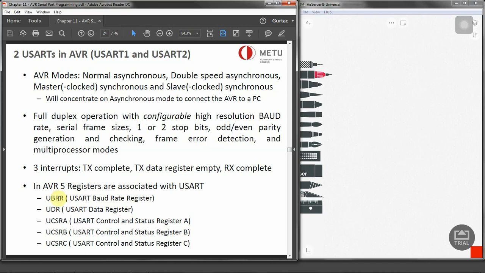And the next one is the USART data register. If you want to receive or transmit data, this has to be written into the UDR, or it has to be read from the UDR register. Then we have got 3 control registers: USART control and status register A, B, and C. And we are going to see the configuration of these individually.